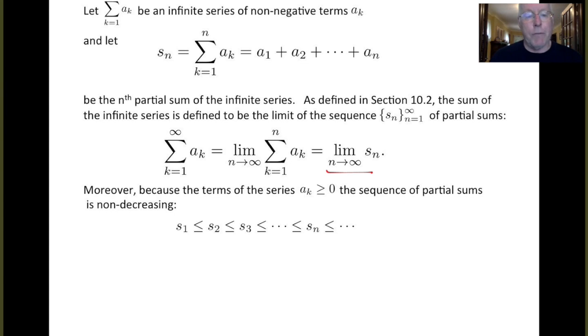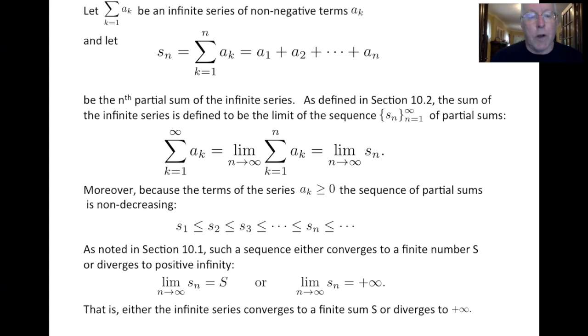And so if we look at the various partial sums, S1, S2, etc., we see that those get larger, or at least they don't decrease, as we go further and further out in the sequence. So the non-negativity of the a sub k means the sequence of partial sums is a non-decreasing sequence.